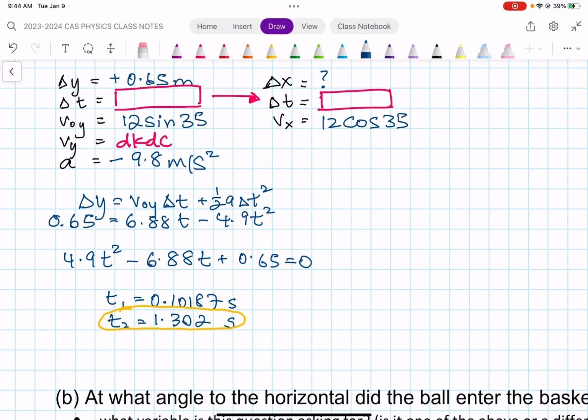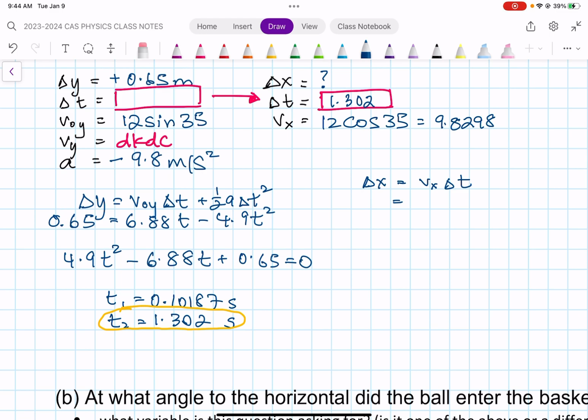So let's say this becomes 1.302. So to find delta x, we just do Vx times delta t. So we're just going to multiply these 2 things together. So 12 times cosine of 35 is equal to 9.8298.